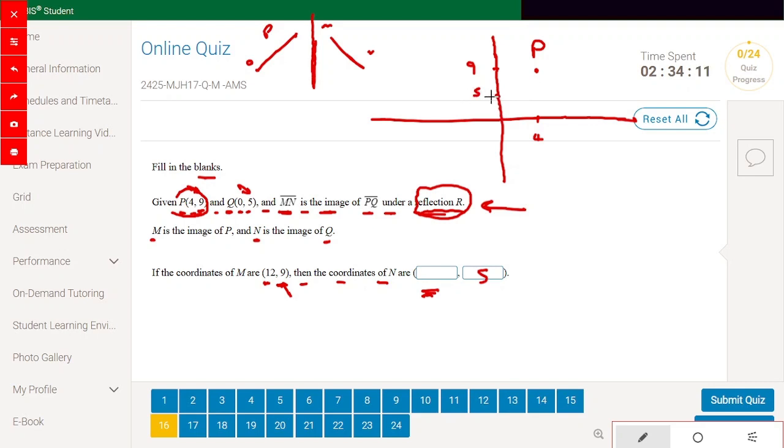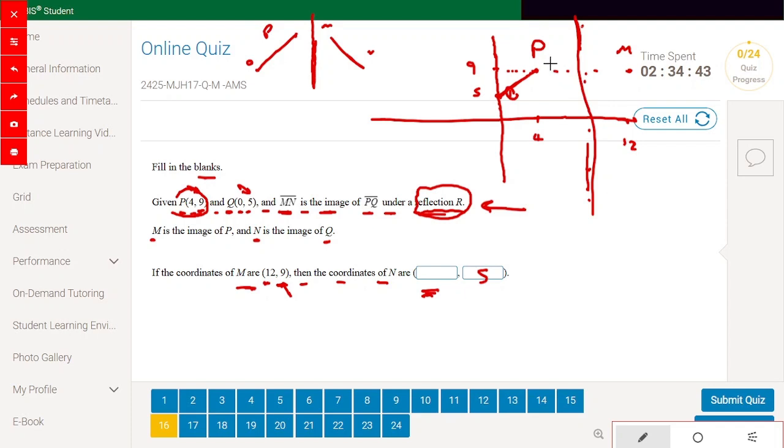So this is point Q. And this is the line. Now point M is (12, 9). Because of the reflection, we say it will be the same. So let's say this is 12. This is (12, 9). And imagine there is a mirror here. Because there is a reflection.